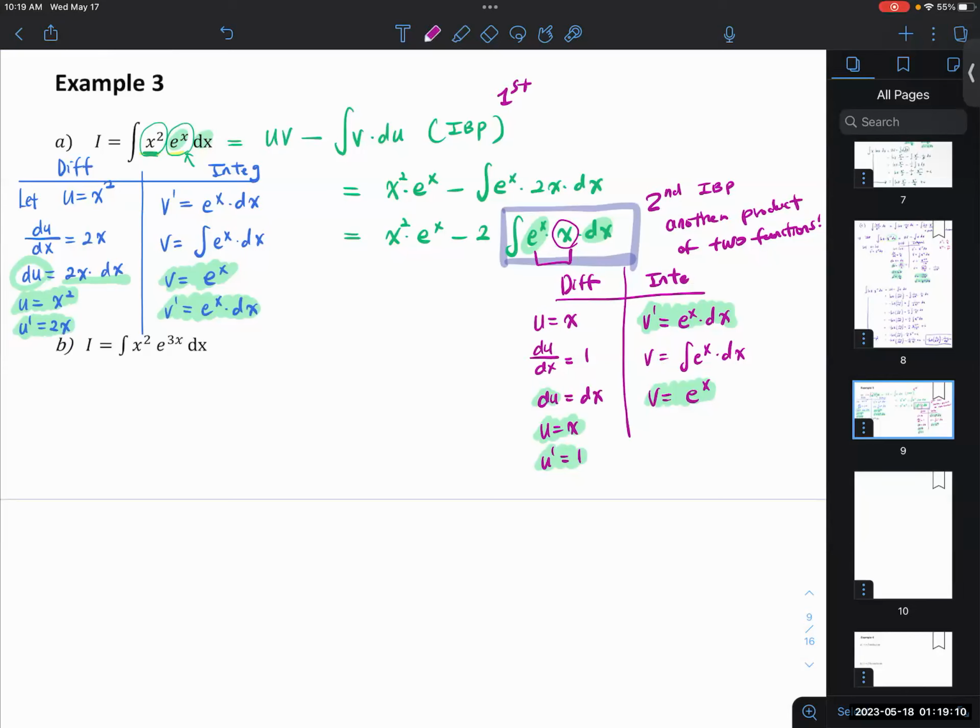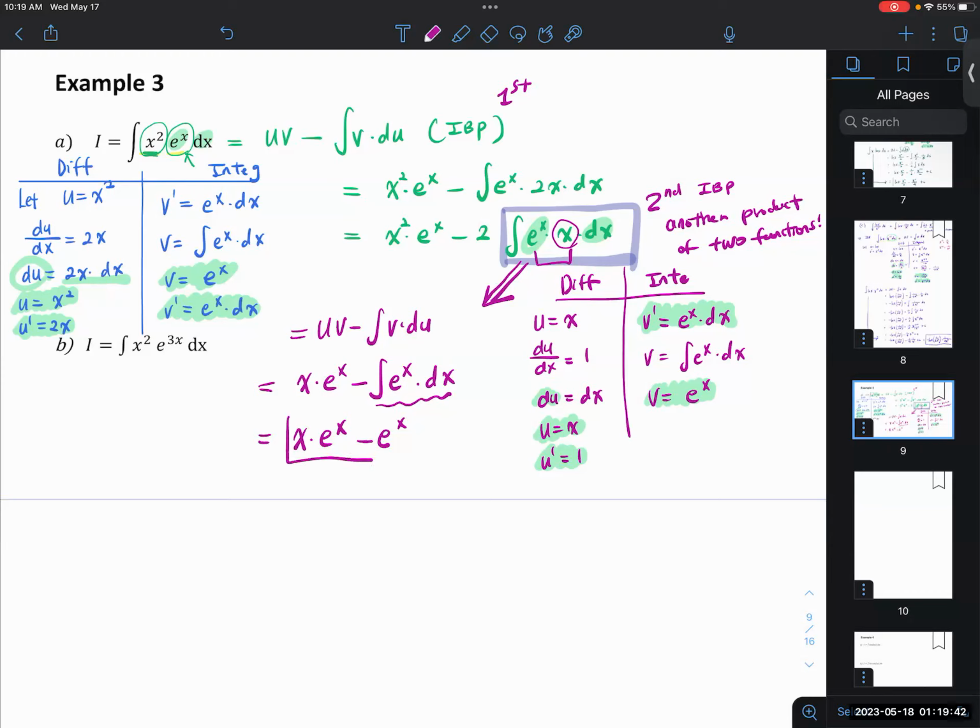So here we plug in uv minus integral v du: u is x, v is e to the x, minus integral e to the x dx. So therefore, x e to the x, if you're taking the integral, there's no more product, just e to the x. We got the e to the x, correct? So we finished the second IBP.